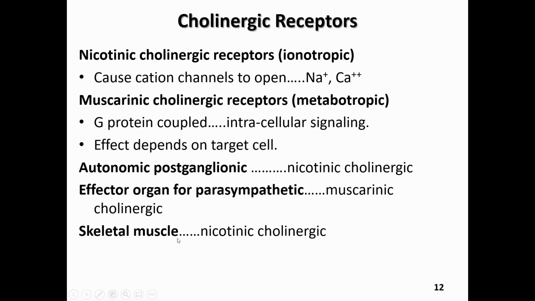And so, as discussed in an earlier unit, skeletal muscle cells are sensitive to acetylcholine, or rather the protein receptors are sensitive to acetylcholine, making those receptors physiologically cholinergic type of receptors.